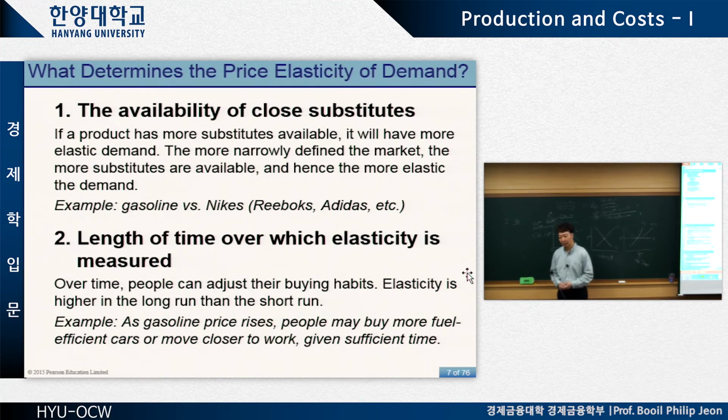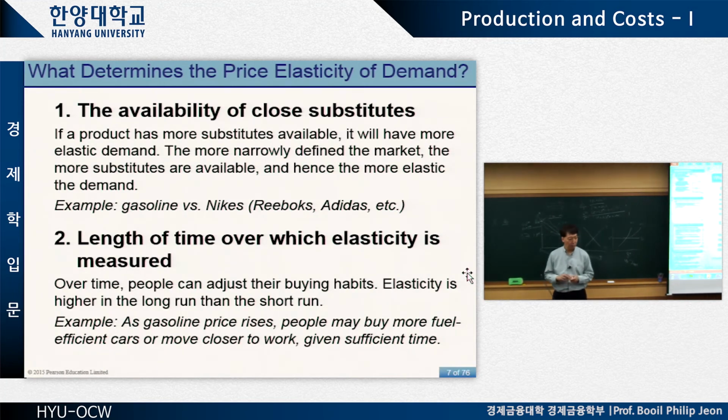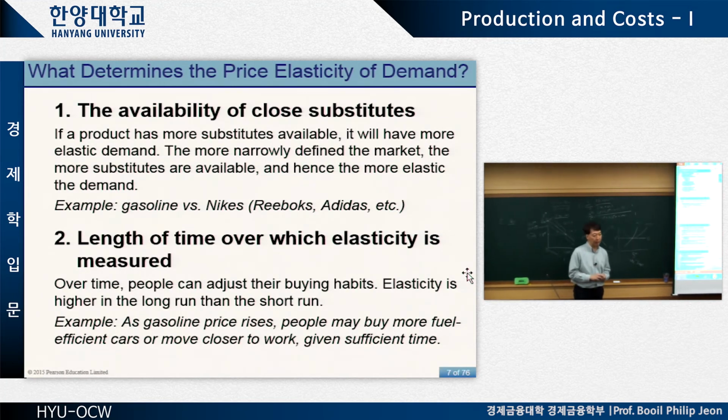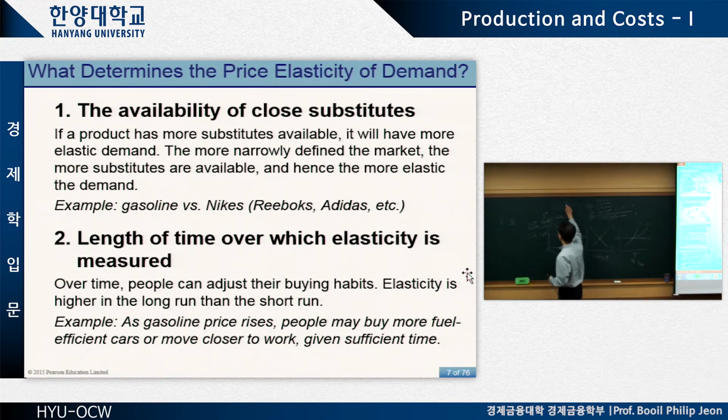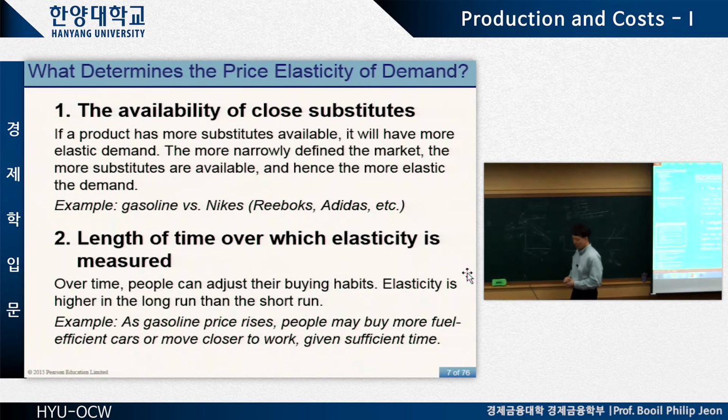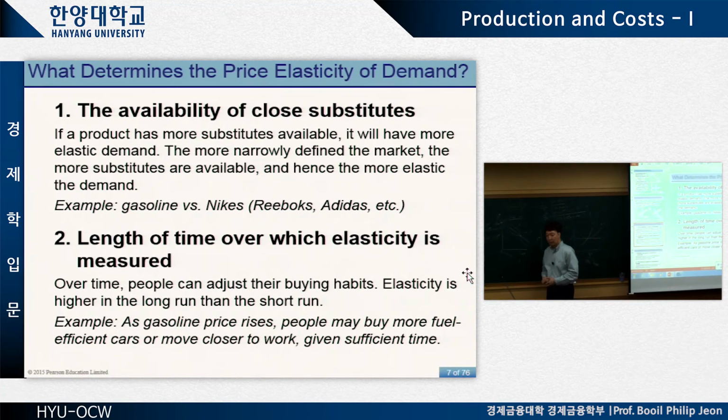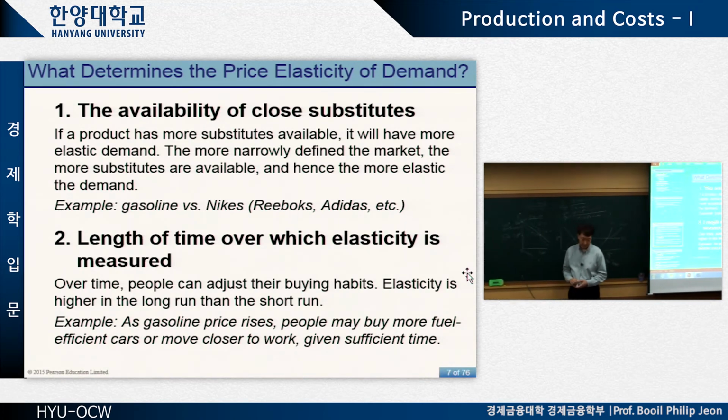Whatever. So given sufficient time, people will adjust their behavior, so the responsiveness here will be larger. You can reduce the consumption of gasoline by a lot more if you're given sufficient time.